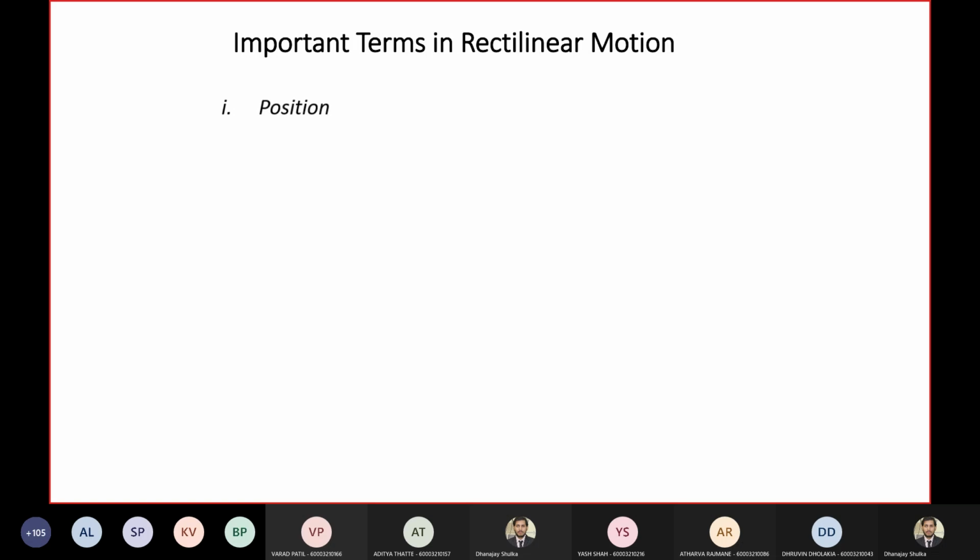If we have to locate the particle exactly along a straight line, let's say on this road my car is moving. Now I want to locate its exact location, what its position is.